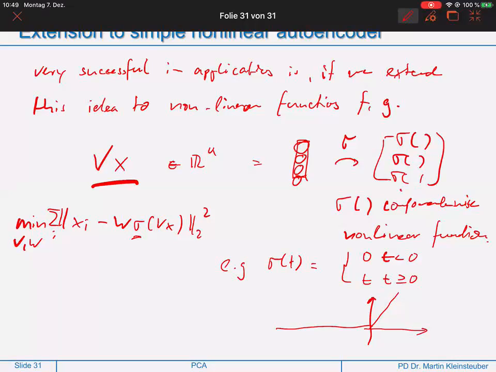If we say that the noise model is different. So that would lead us to robust PCA. Also a very important direction in looking at signal processing and also machine learning, right?